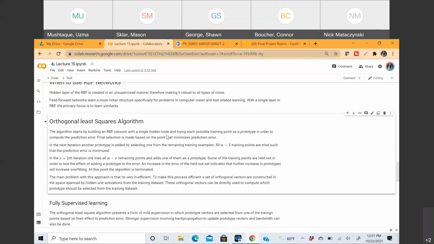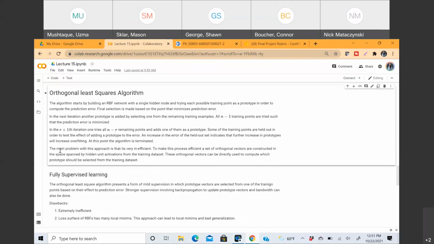But this is not the orthogonal least squares. With orthogonal least squares, we try to solve this inefficiency. Let's just think about it. What exactly are we doing? In my r plus 1th iteration, I have n minus r remaining points, and I'm adding 1 to my list of prototypes.